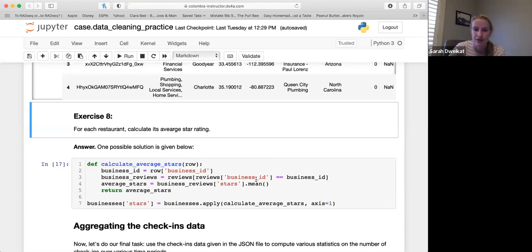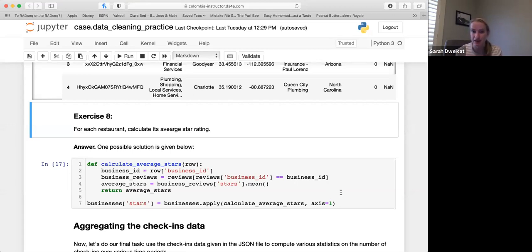It's the same code that we used previously to calculate how many reviews we would have, where we are saying, from our reviews business ID, does that equal our row business ID?